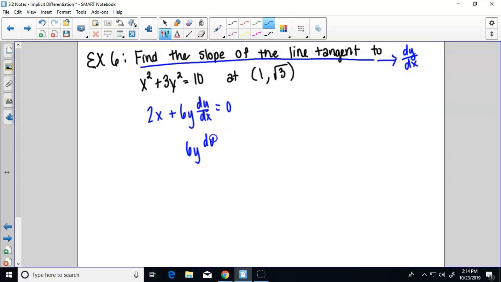So 6y dy dx equals negative 2x. We will divide both sides by 6y to get that dy dx by itself. And so dy dx will equal negative x over 3y.